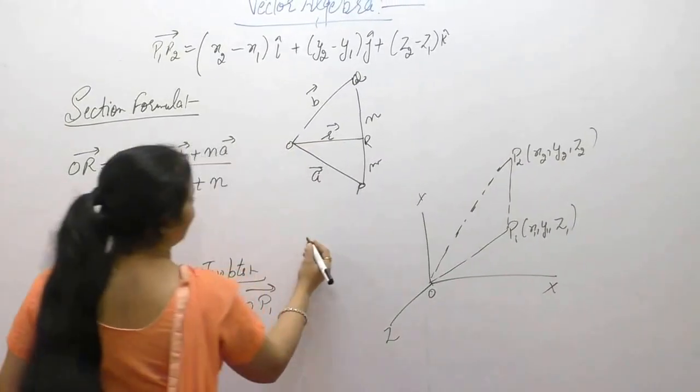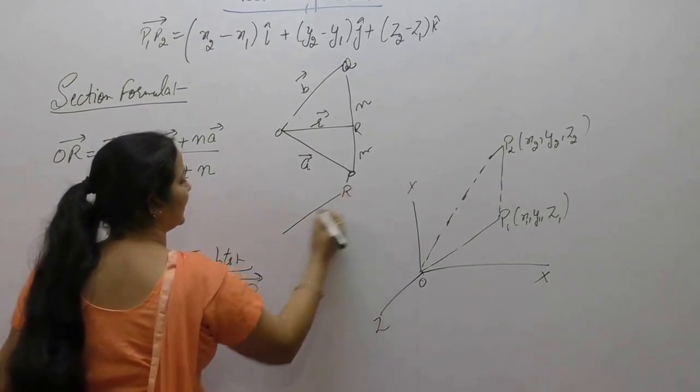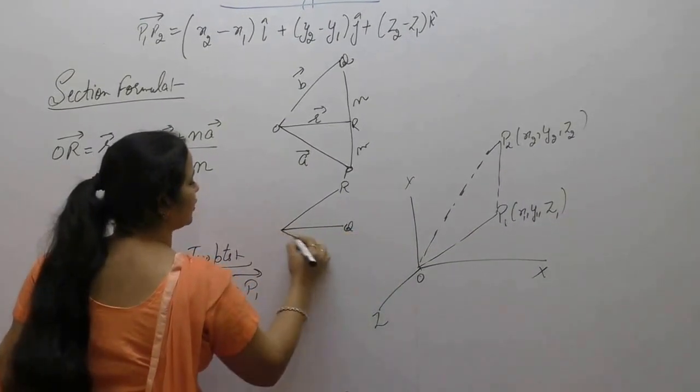When two vectors are divided externally, let this be OR, OQ, OP.